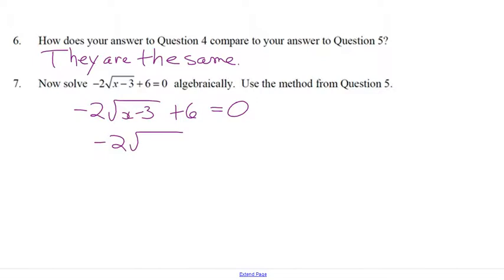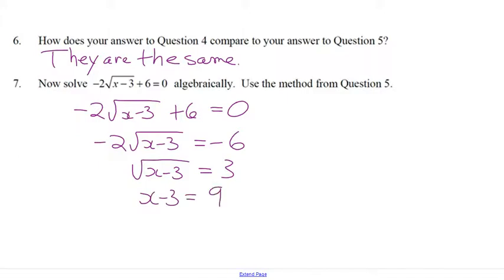So negative 2 root x minus 3 is negative 6. Divide by negative 2. Square both sides to get rid of the radical. And then add 3 to both sides, we get x equals 12.